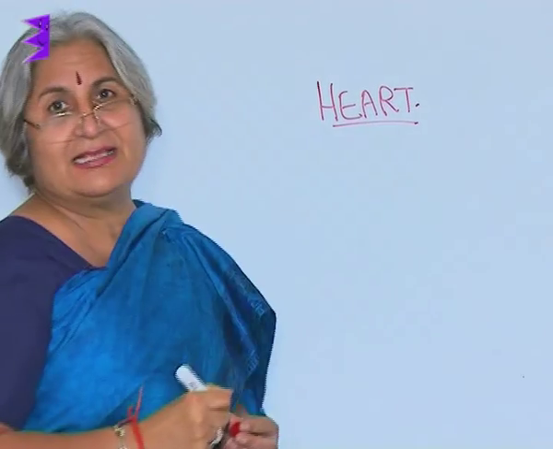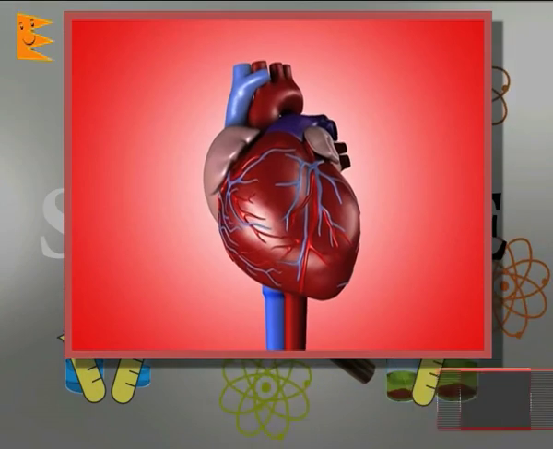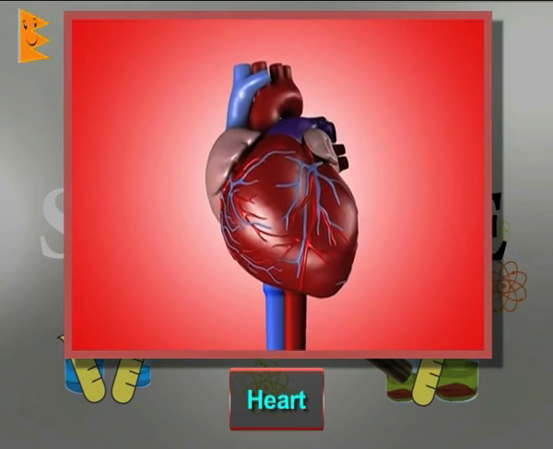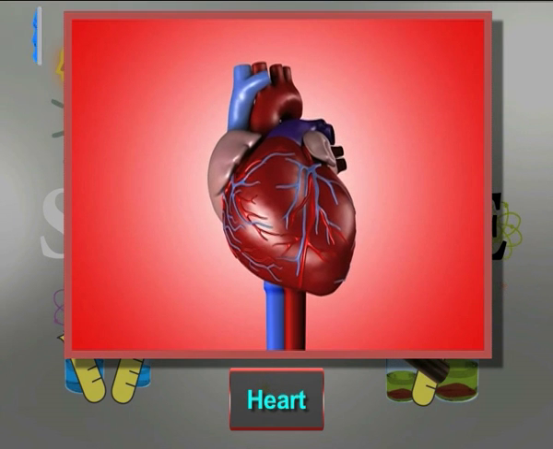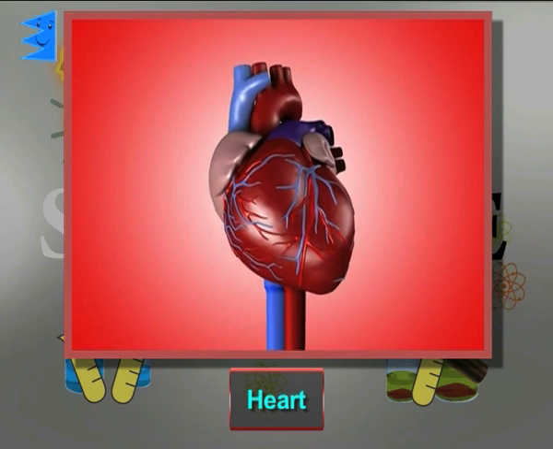See, heart is a very important organ. Brain and heart and lungs, these organs are very important for our survival. So, they are called vital organs. And just like brain and lungs, heart also has to be well protected. Heart is found in the thorax, in the chest cavity, between the lungs, in the rib cage.